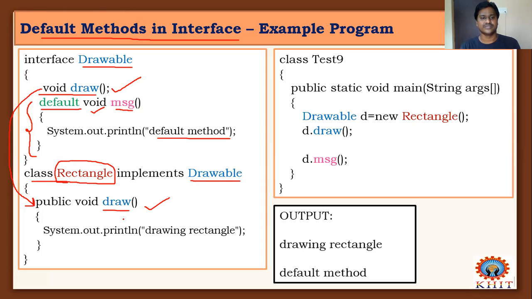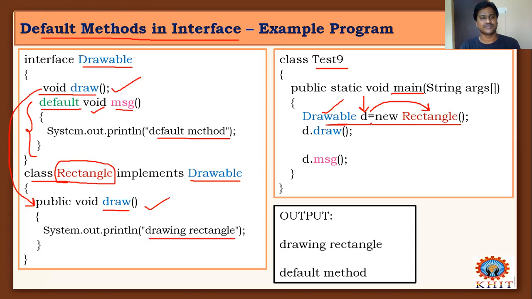So this draw method must be implemented on its own by the class Rectangle. Then in the main method, we created one reference to the interface Drawable and assigned an instance of the Rectangle class. We know this type of declaration of a reference variable of an interface can refer to objects of the class that implements this interface, right?